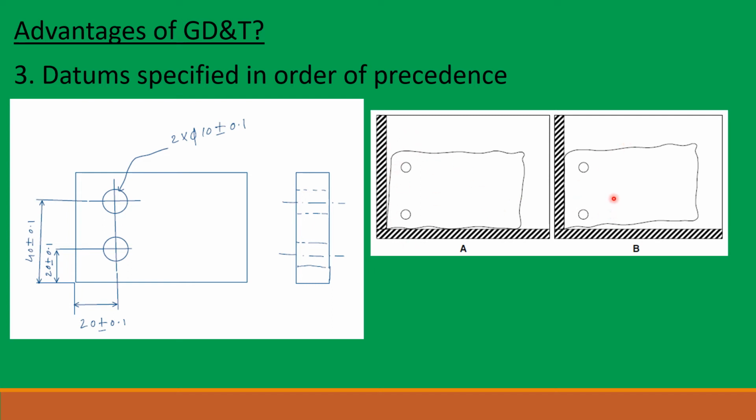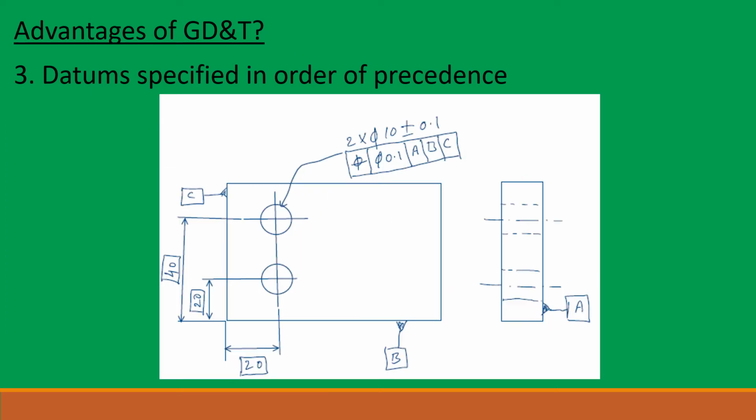So this causes either a good part to be rejected or a bad part to be accepted. But if the part is specified using GD&T, it clearly indicates the order of datums like shown here. A is primary, B is secondary, and C is tertiary datum. In order to inspect this part, first the part will be rested on datum A, then on B, then on C. This results in only one set of measurements.